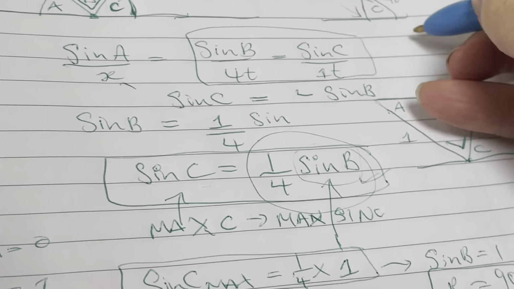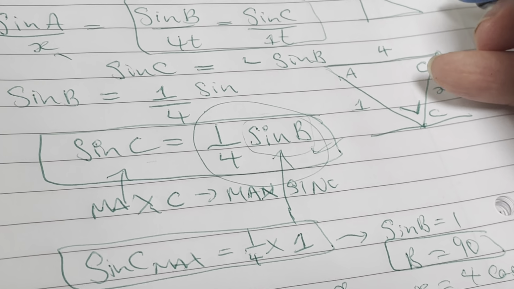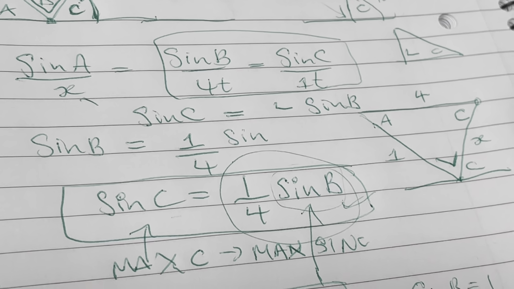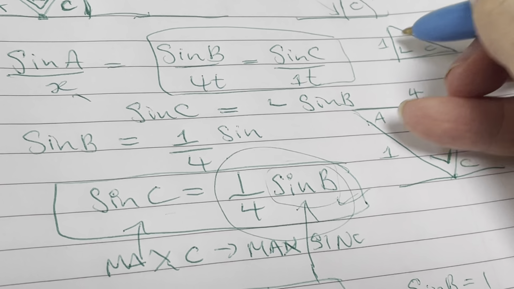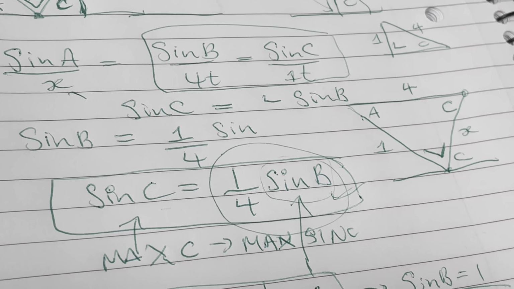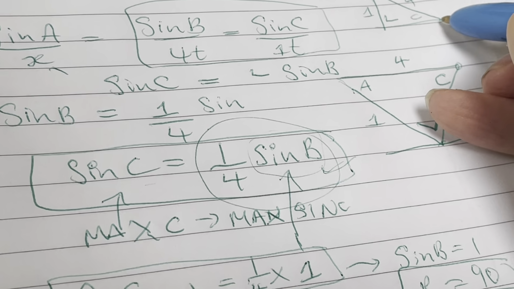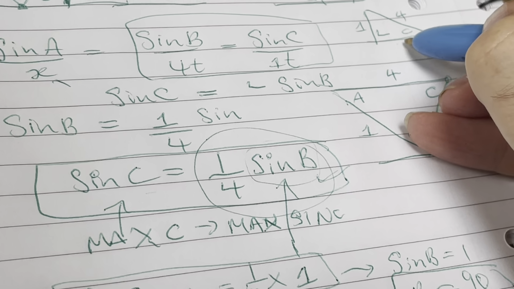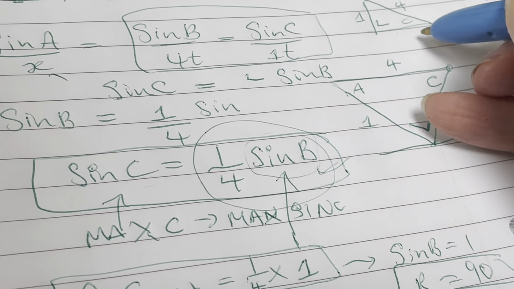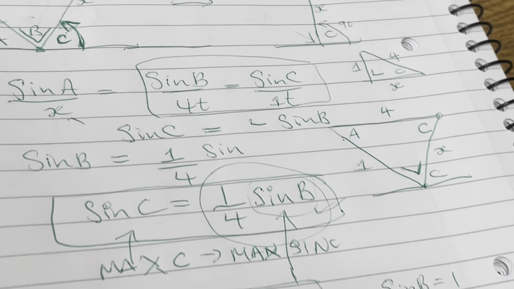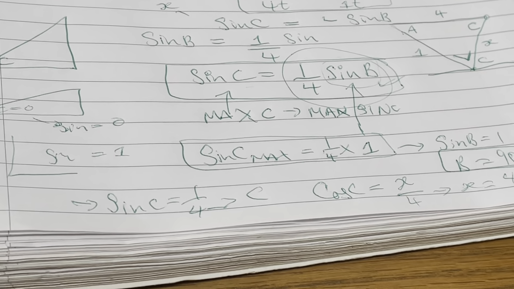So our right angle triangle here looks like this: C, and we have 1, 4 on the hypotenuse. Sorry, so sine C is equal to this, and that is X here. That will give us your final X on that one.